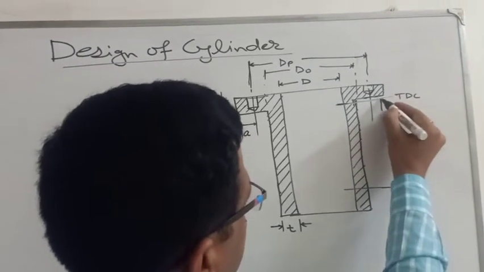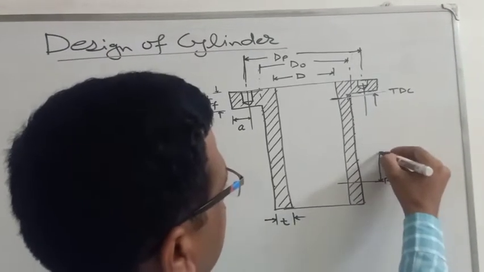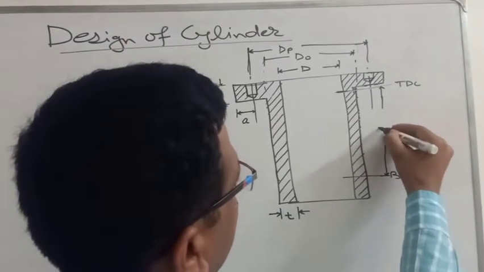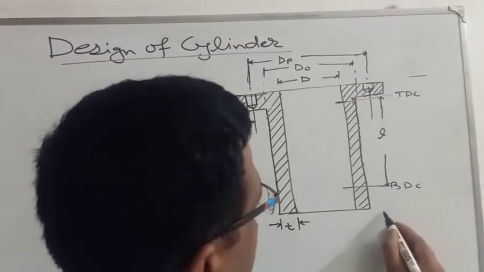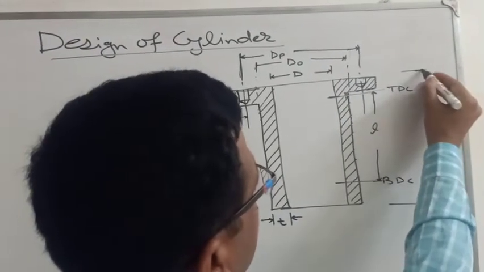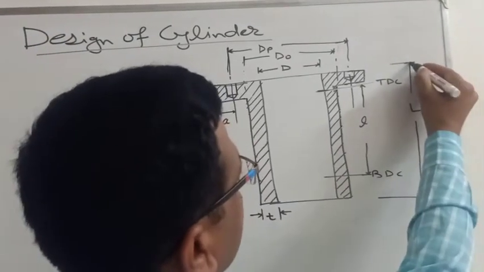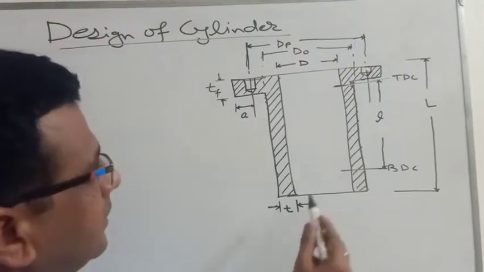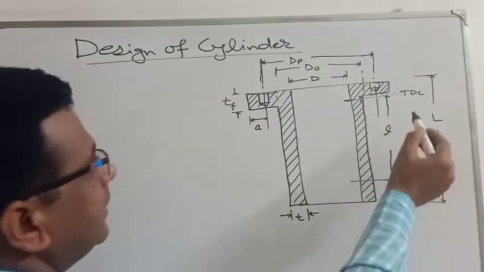Then the distance between these two, TDC to BDC, is known as the length of stroke, and this distance from this to this is known as the length of the cylinder. These are the various parameters for our cylinder. This is the length of stroke or stroke length, and this is the total length of the cylinder.